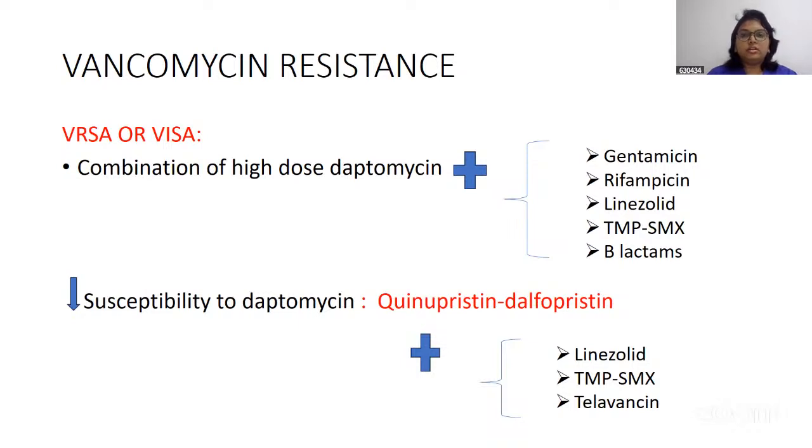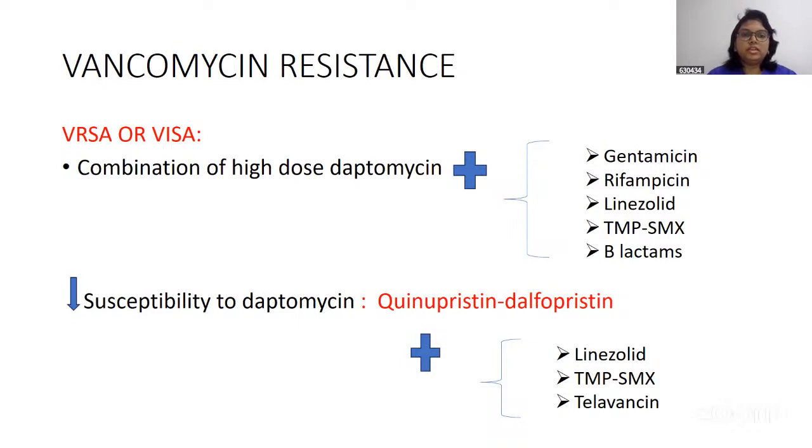So it is better to use high dose daptomycin, that is 8 up to 12 milligrams per kg per day, along with agents like gentamicin, rifampicin, linezolid, trimethoprim and sulfamethoxazole, and beta-lactams. The idea is to give dual therapy to act better, and it is more efficacious compared to a single drug.